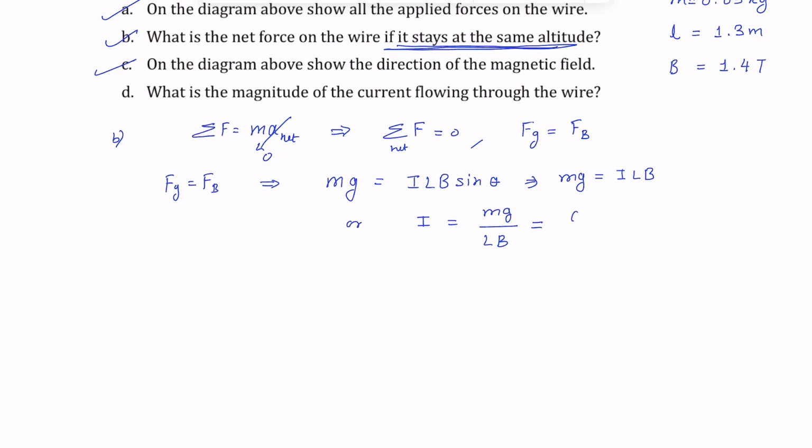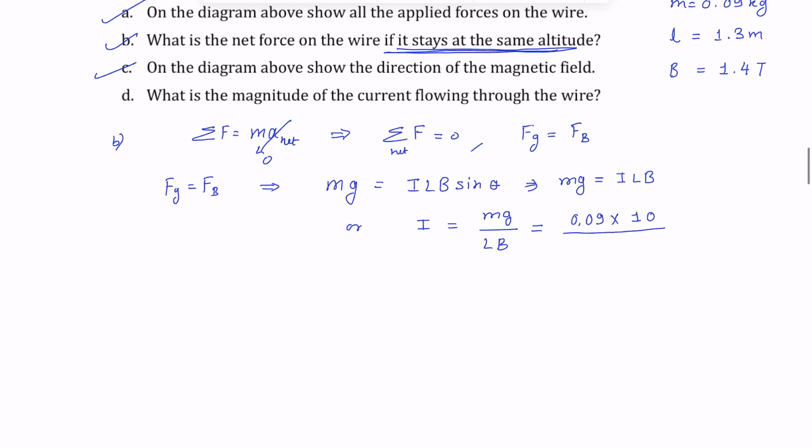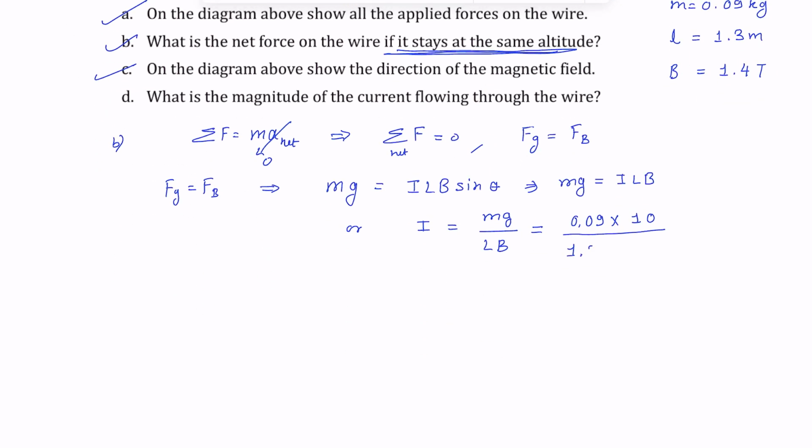And I know what m is, right? 0.09. G we can take as 10. Length of the wire is given to us, and that is 1.3 meters. And magnetic field is 1.4 Tesla. And everything is in SI, so the answer that I should be getting here must be in amperes.